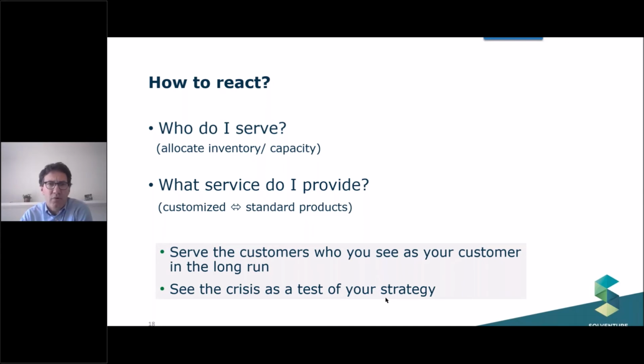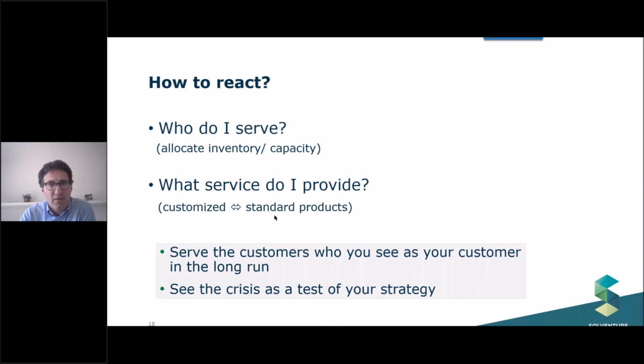Also, I think it's important to question whether we want to still deliver the same service as before in this crisis mode. I see, for example, there was also an article in the Wall Street Journal reflecting that a lot of companies are going more towards standard products now. They consider offering the standard products more than the customized, so that they can reduce the number of changeovers, increase the efficiency, so that we still have maximized output at an acceptable cost.